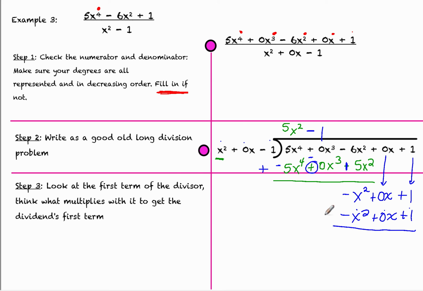But if you don't believe me, we subtract by adding the opposite. Positive, negative cancel out. Zeros cancel out. Positive, negative cancel out. 0. Hey, guess what? When you divide these two out, your answer is 5x squared minus 1.